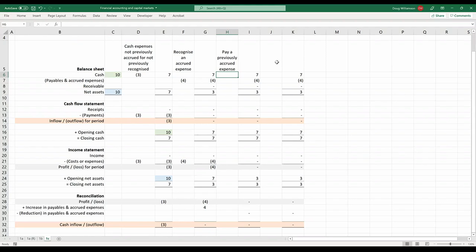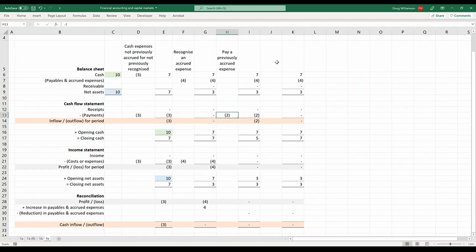We might go through a payables account, but just to keep it simple here, we're paying some of this. Let's pay half. So we're going to pay half of 4, we're going to pay 2. Let's put 2 as a payment in our cash flow statement.